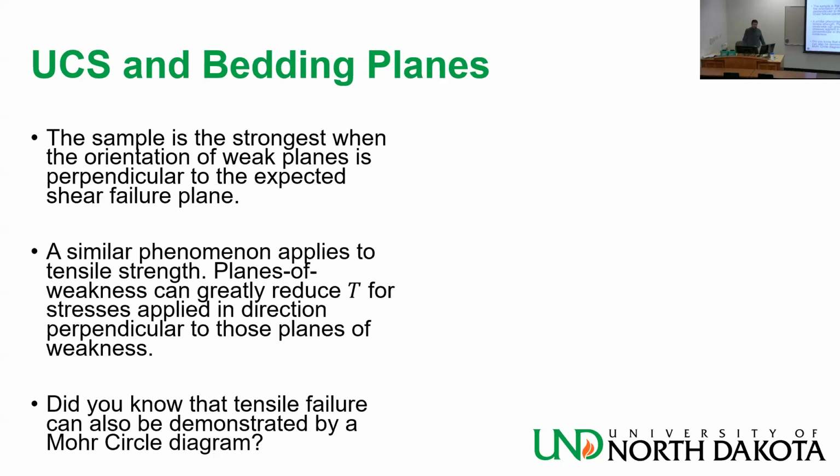Also, in the Mohr circle diagram, you can show tensile failure basically by looking at the negative normal stress axis.